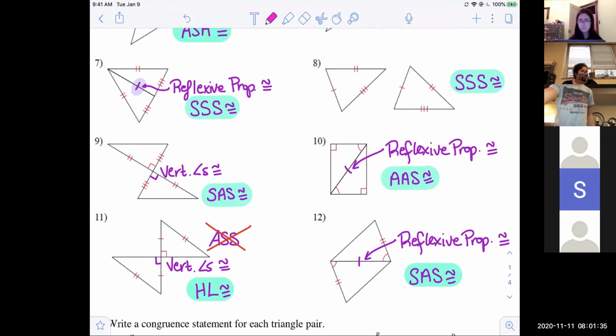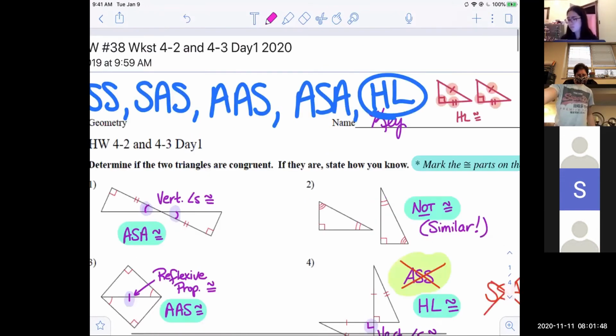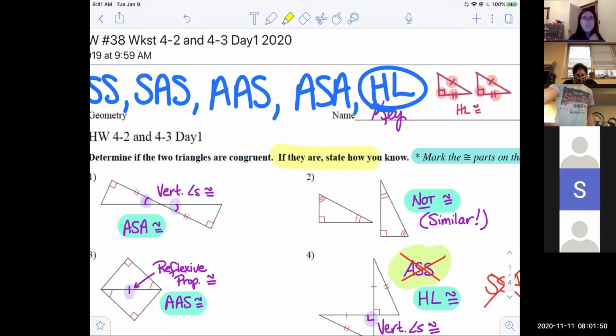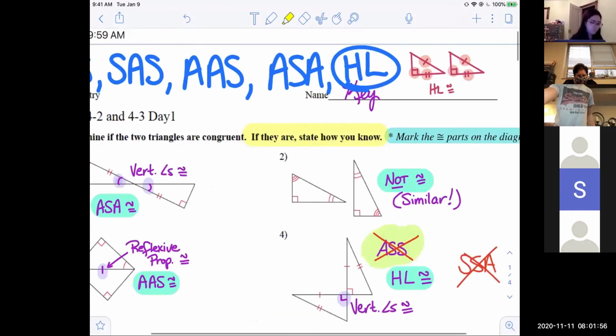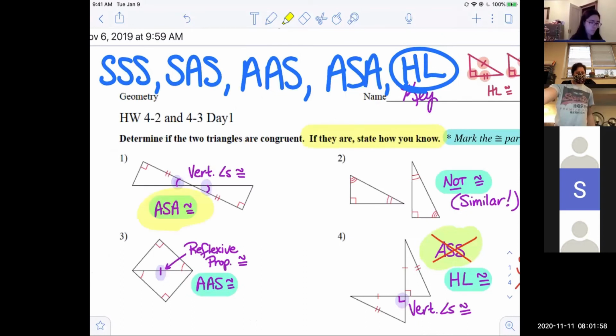Questions on through number 12? Do you have to put like reflexive property? So when it says if they are, okay. That's asking you for angle, side angle, and whatever, but it's also asking you to explain.